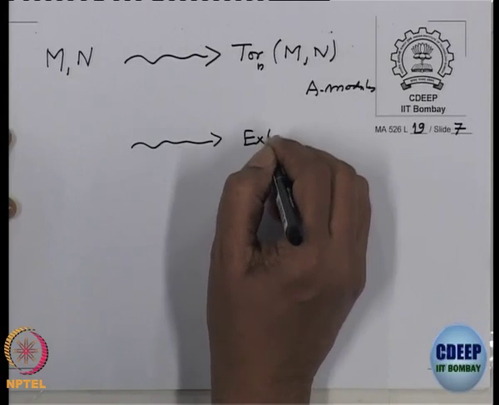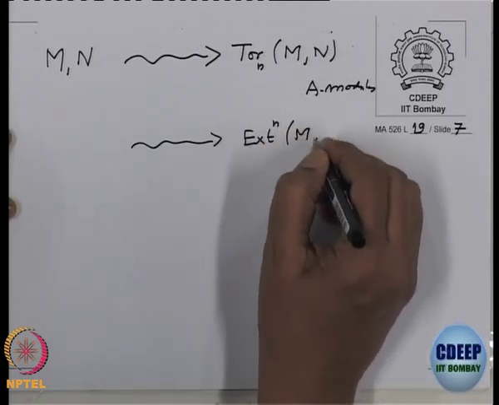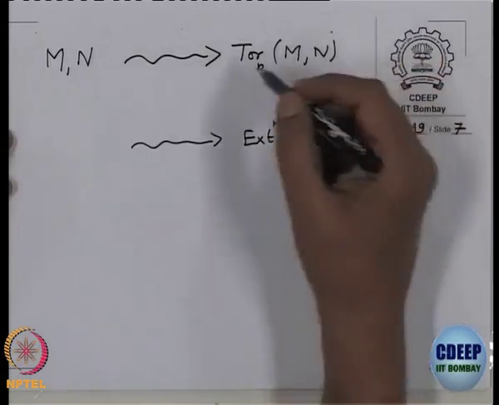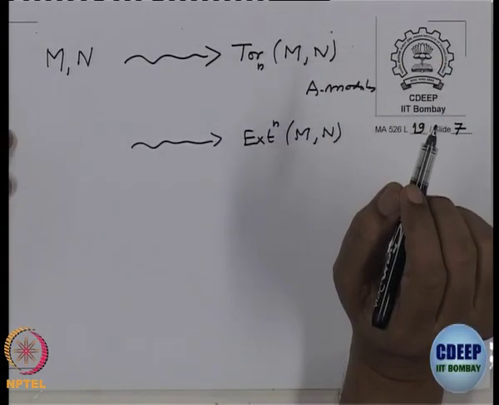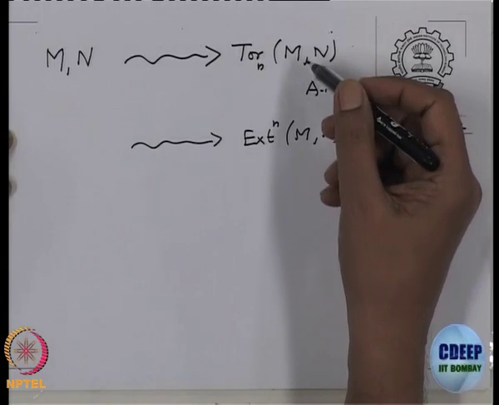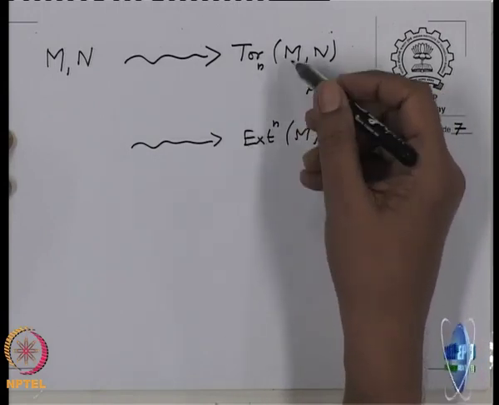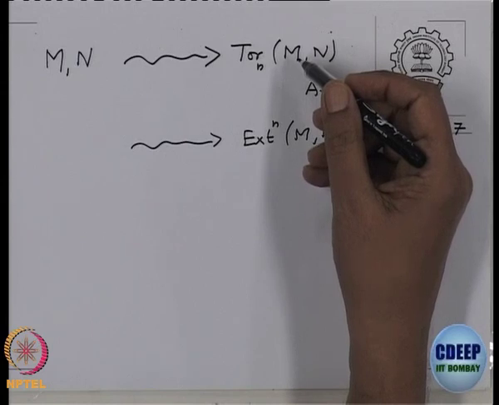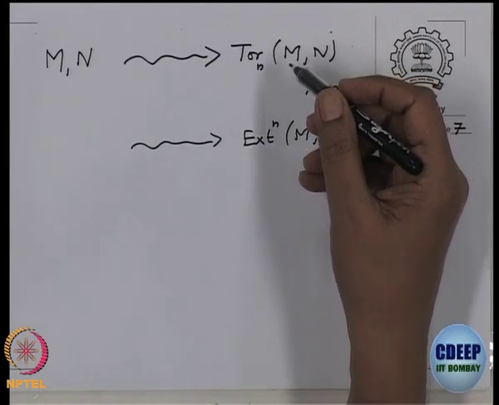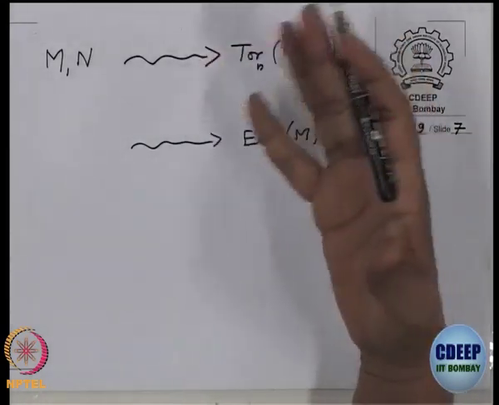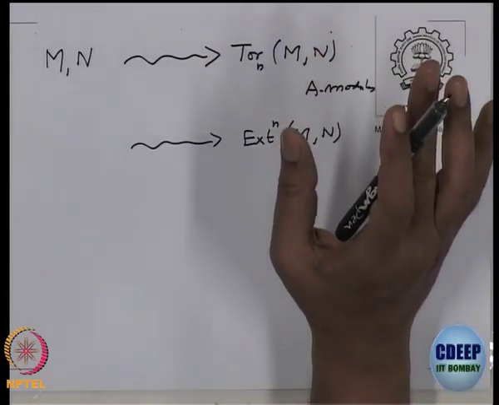And similarly, we have this Ext n of M, N, these are also A modules, and if M, N are finitely generated, these are also finitely generated, because they come out of applying home or tensor product and taking quotients. Quotient means submodules and quotient modules, and if your base ring is Noetherian, then all of them are finitely generated. Therefore, all these modules are finitely generated.